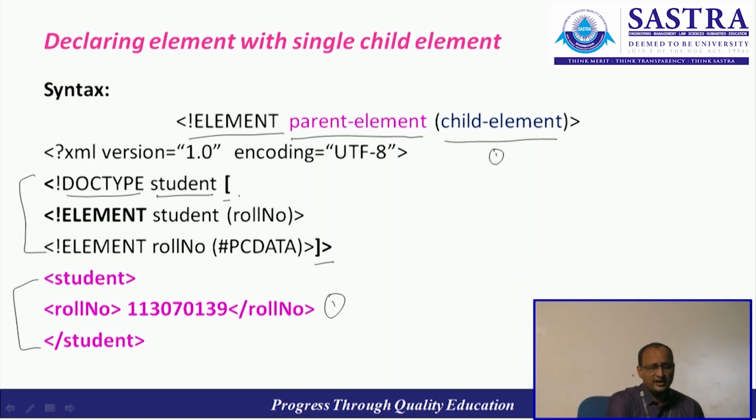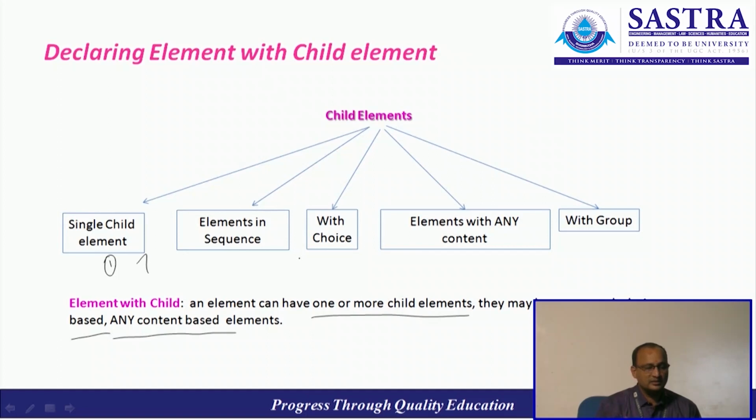So in this DTD, the XML document should start with the student tag, and the student tag has only one child, which is roll number. I have defined the roll number to carry only text, that is #PCDATA. This is the example. In this example, I have defined an element to carry a single child element.